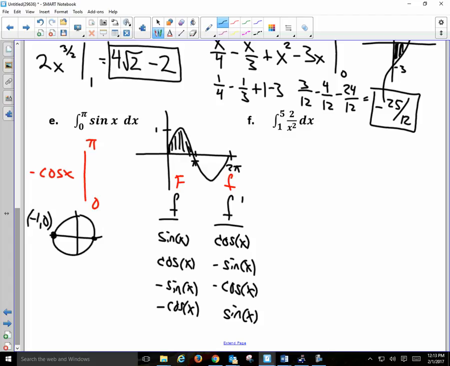Terminal point here, 1, 0. So what's the cosine of pi? Negative 1, make it negative 1. Minus, what's the cosine of 0? 1. Make it negative. Turns out that that exact area is 2.